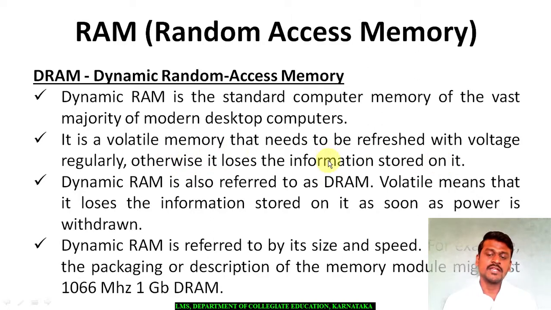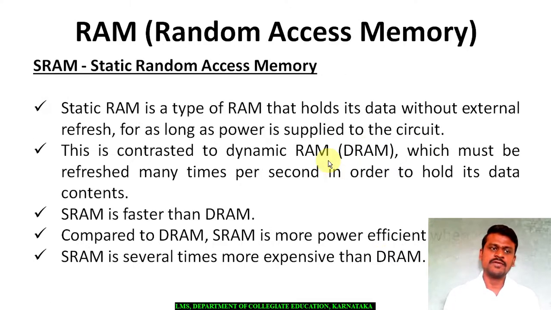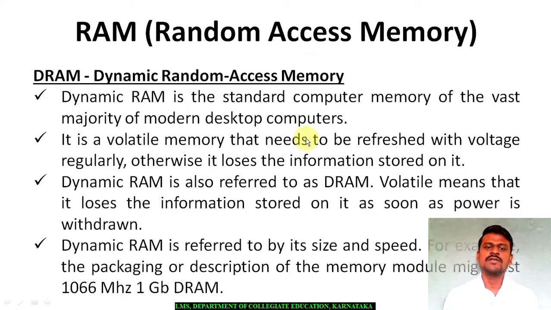As I was saying, we will not refresh the memory regularly in the case of SRAMs, but in the case of DRAMs we need to refresh these RAMs whenever the voltage regulation is there. Means if voltage fluctuation is there, then we need to refresh these RAMs for holding the memory, else the data will be lost or erased.